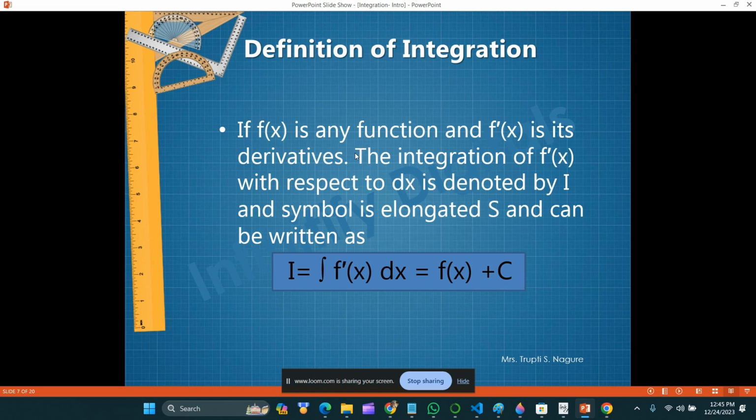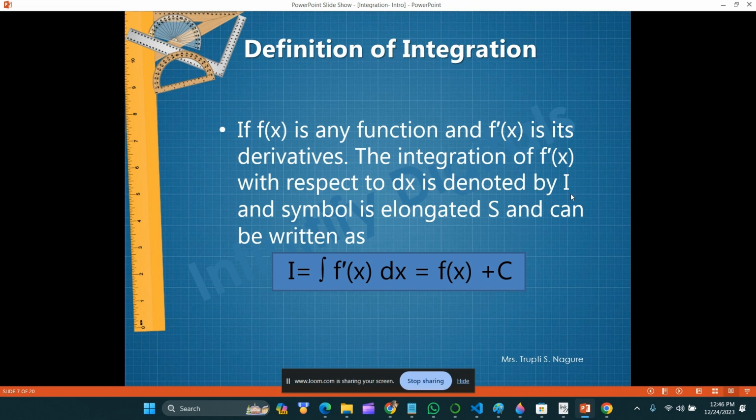This is called the derivative. Now, in integration, we have to take the integration of this f dash x with respect to x. As you remember, in the derivative we differentiate with respect to x, then we write dy by dx. Here also integration is with respect to dx.